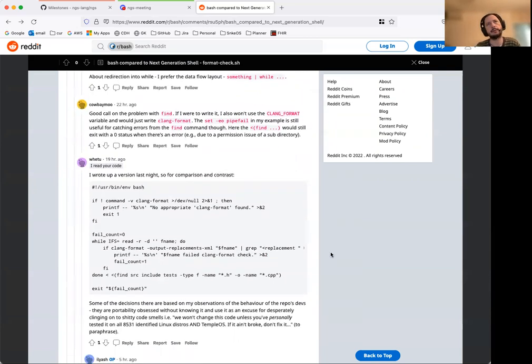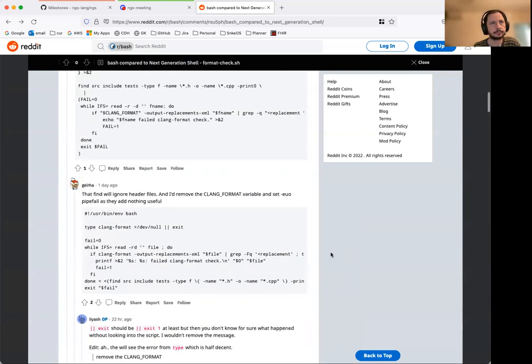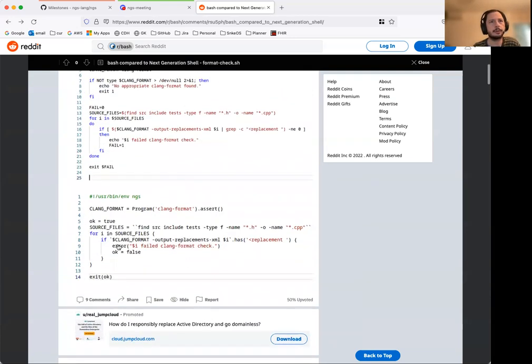So now I'm trying to hunt for little pieces and see what people think about them. For example, in NGS here we have the error function. I cannot get feedback on that directly. I didn't get feedback on whether the error function is a good thing, or something that people want to have. Nothing.